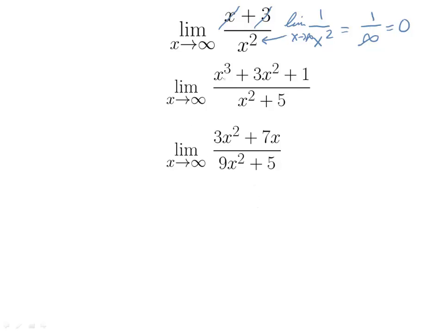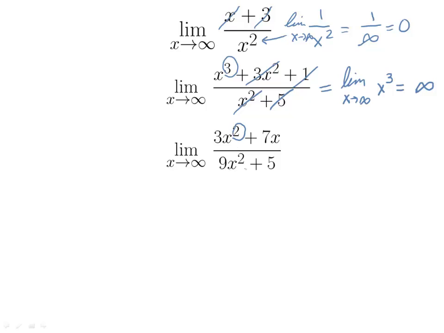Here, the biggest power is 3, so everything else will cancel out. Cross it out. There you go. So we're left with the limit as x approaches infinity of x cubed, which is then infinity. And then, same thing, we're going to look at the powers.